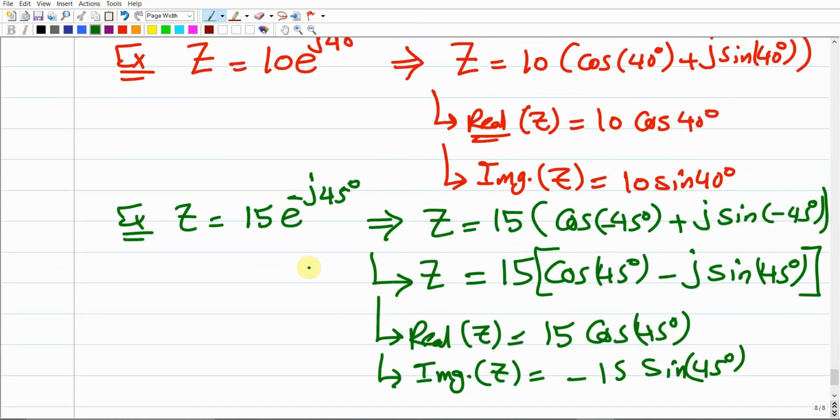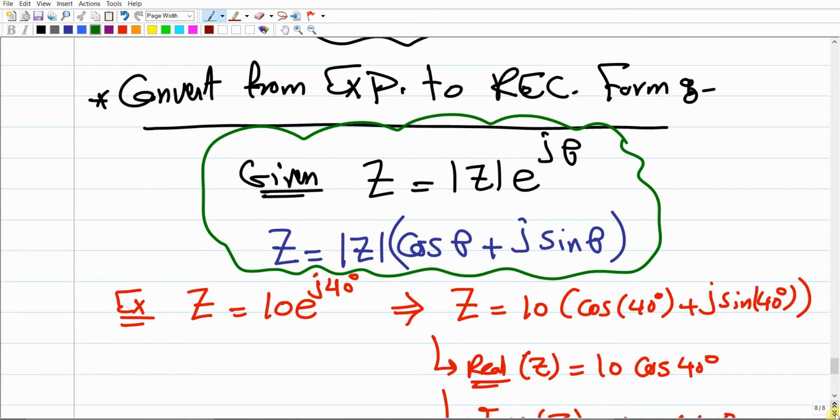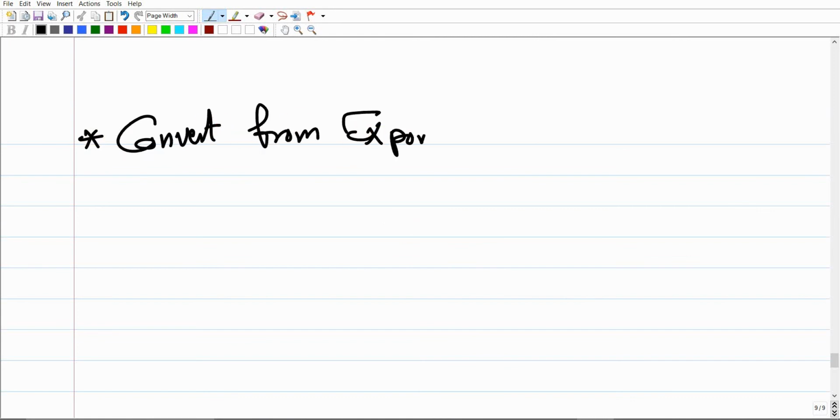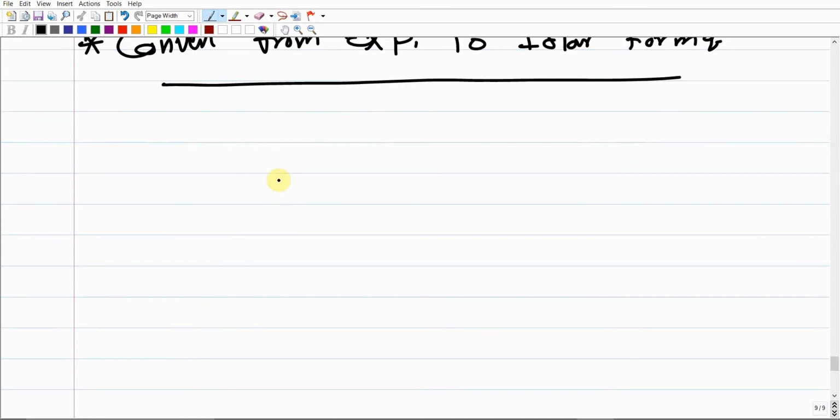Can we convert the complex number in the exponential form into the polar form? Yes. So to convert from exponential form to polar form, it is a very direct way.